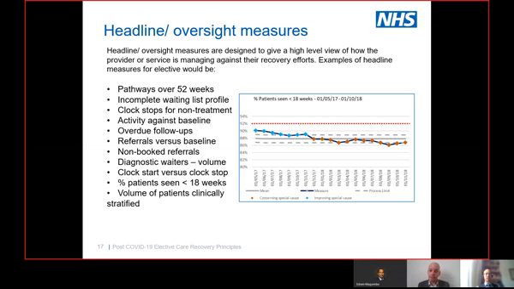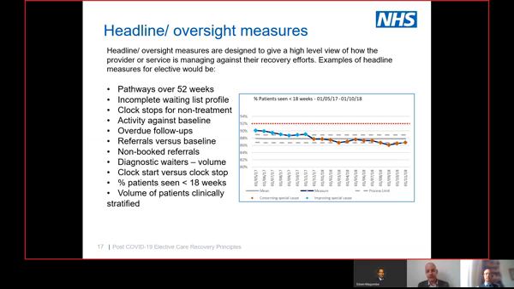So some examples of headline or oversight measures. So at the highest level, what things might you be looking at to understand whether or not your system is behaving in the manner that you expect? Well, there's 10 of those on the screen, and you'll be able to interrogate those when you have the slides. We generally advocate, where it's appropriate, the SPC, Statistical Process Control system.